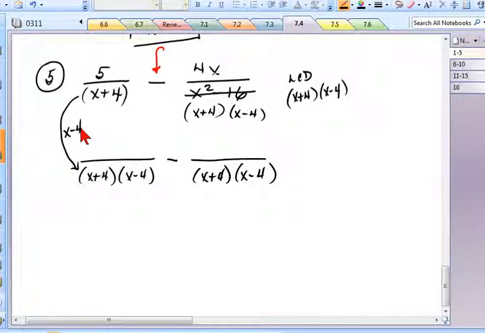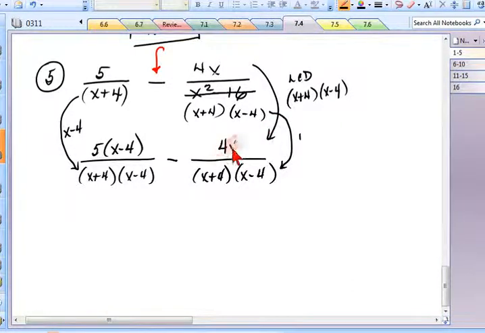So now that it's getting more complicated, when I have to multiply 5 times x minus 4, I'm just going to write it down and I'll distribute it in a minute. If you want to do it in your head, that's fine. Going on. What's going on here? What has the old denominator been multiplied by to get the new one? 1. So no change in the top. It's 4x.